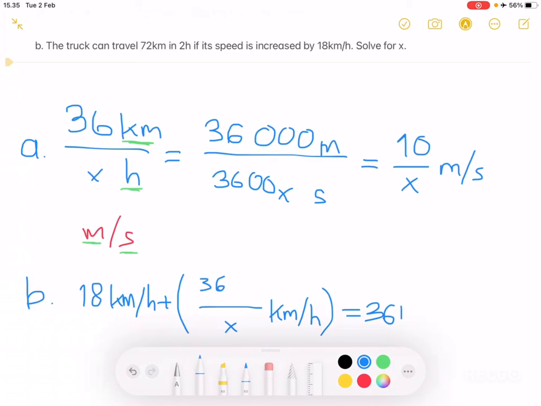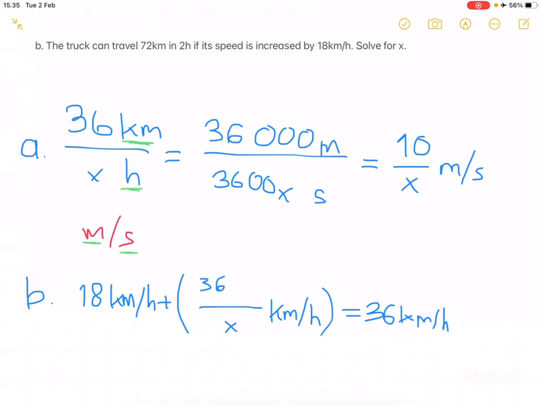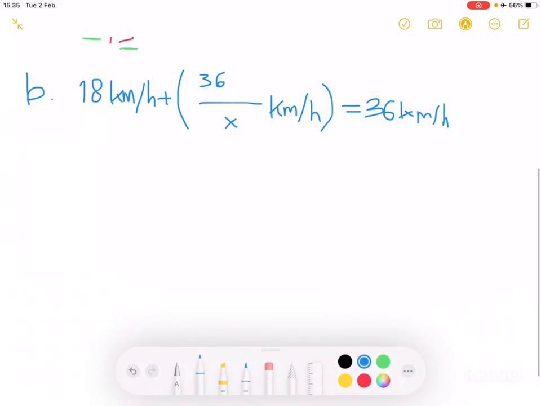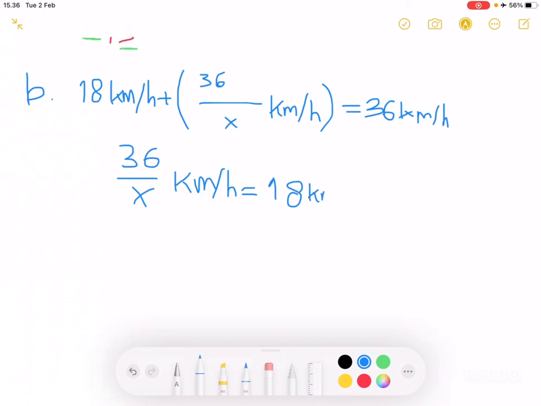So this will be our modified speed, which is 36 kilometers per hour. Notice we can just subtract both sides by 18 kilometers per hour to get that we have 36 over x kilometers per hour is equal to 36 minus 18, because we just subtracted them. We will get 18 kilometers per hour on the right hand side.